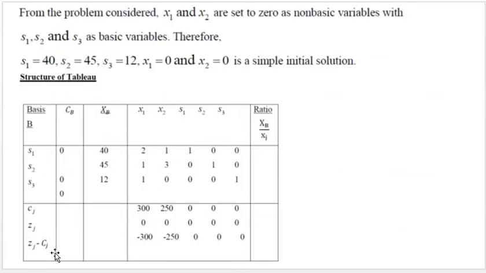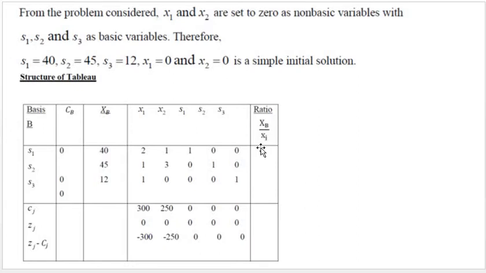So here the most negative Zj minus Cj value is minus 300. Corresponding to that value, the variable is x1. So we need to select this column, and x1 is the new entering variable.